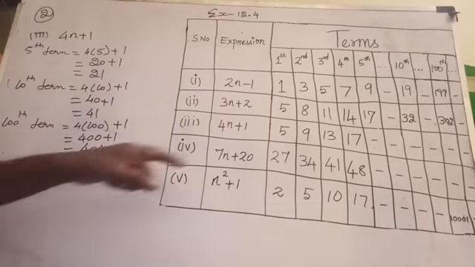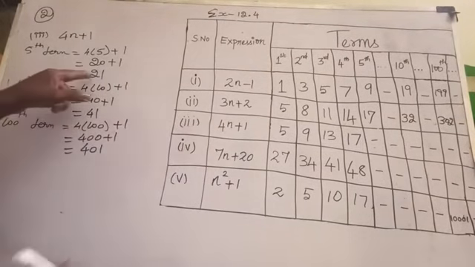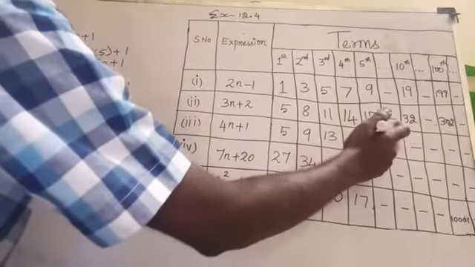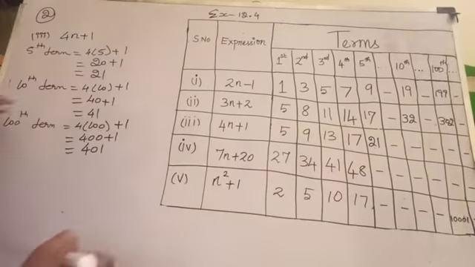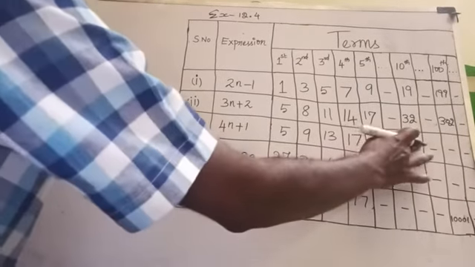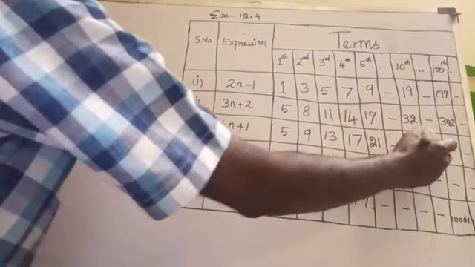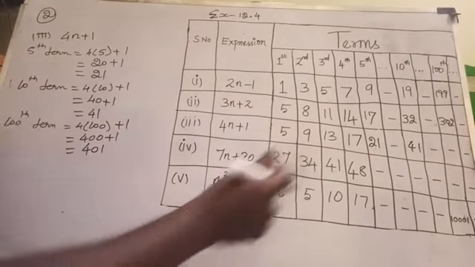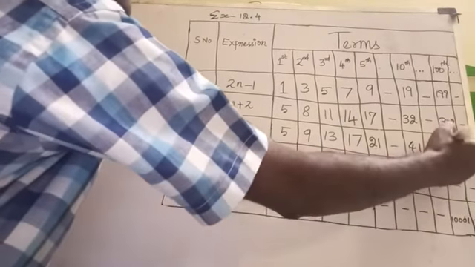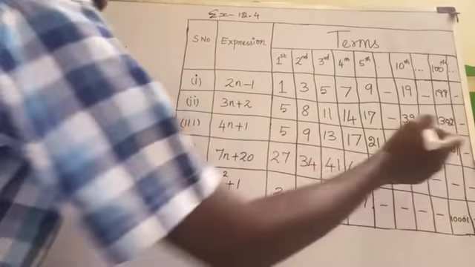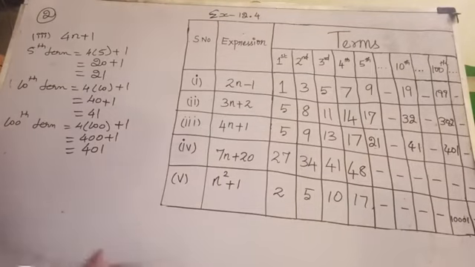Now look at this expression 4n plus 1. The 5th term is 21, the 10th term is 41, and the 100th term is 401. Am I right here? Yeah.